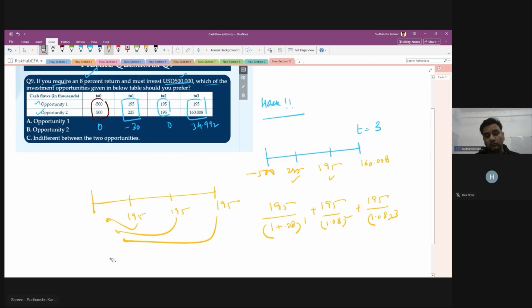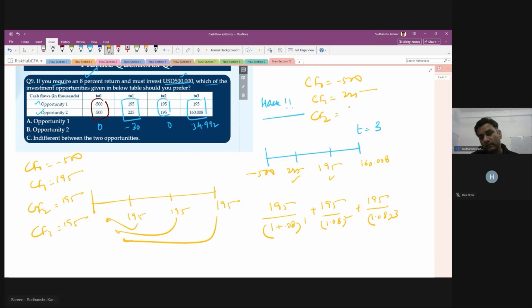You do CF naught minus 500, CF1 is equal to 195, CF2 is equal to 195. Both ways you can do it, guys. Here also I'm writing the same formula now. CF naught is equal to minus 500, CF1 is equal to 225, CF2 is equal to 195, CF3 is equal to 160.008. Right, so you can do like this.